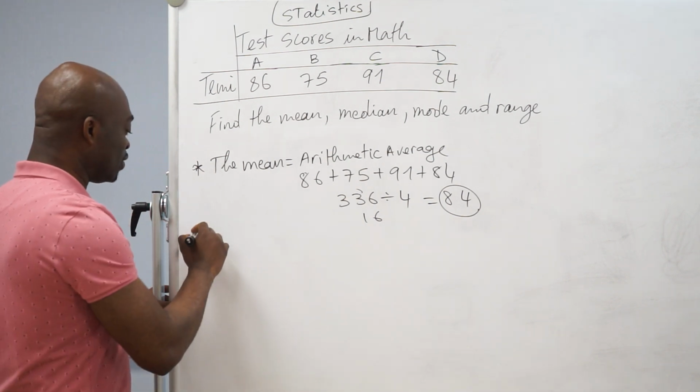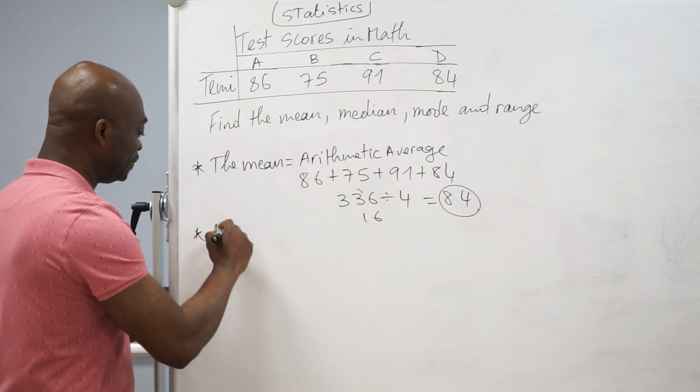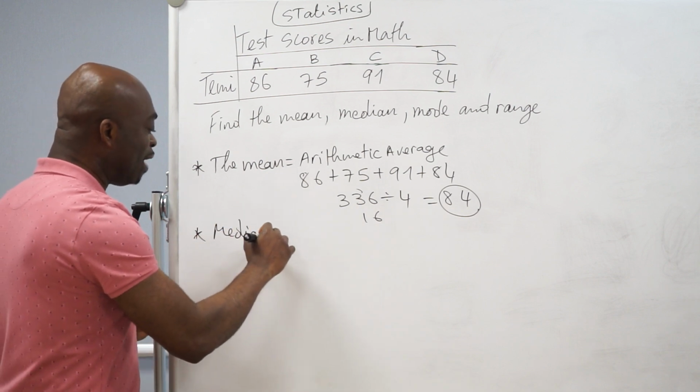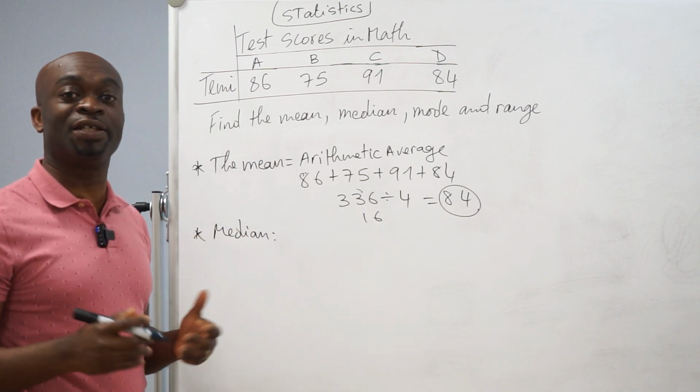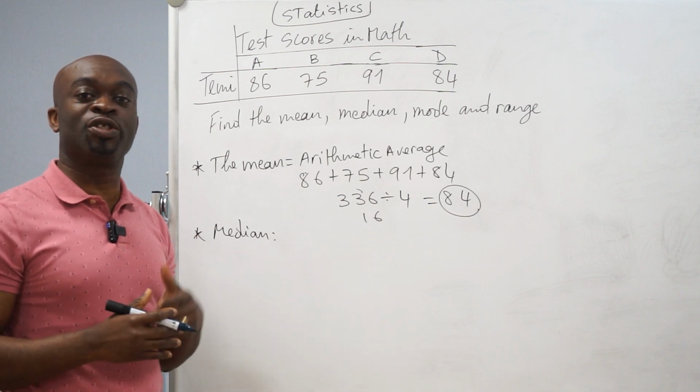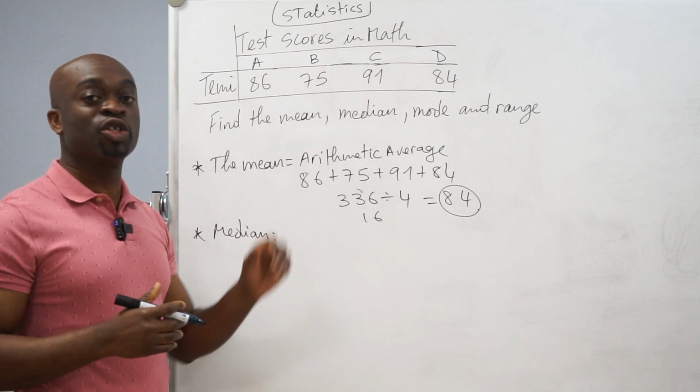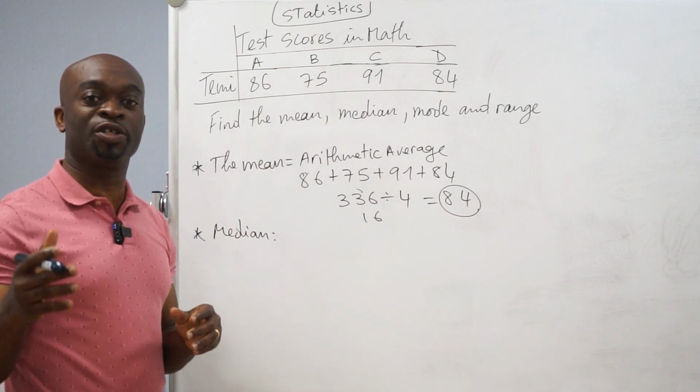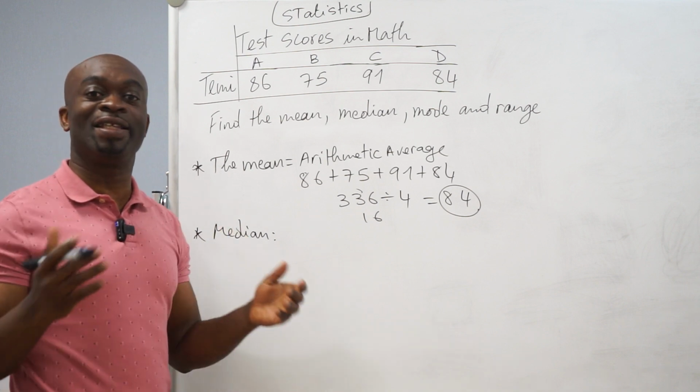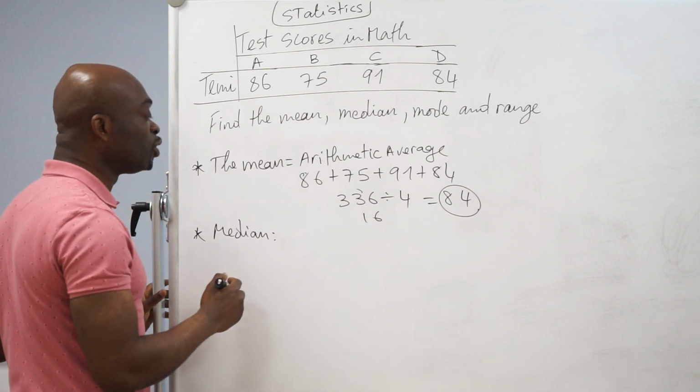So now let's go to the next one, which is the median. How do we get the median? To get to the median, ladies and gentlemen, the best thing to do is to rearrange your data set. That means take it from the lowest to the largest or the largest to the lowest. It doesn't really matter. In this case, we're going to do the lowest to the largest.